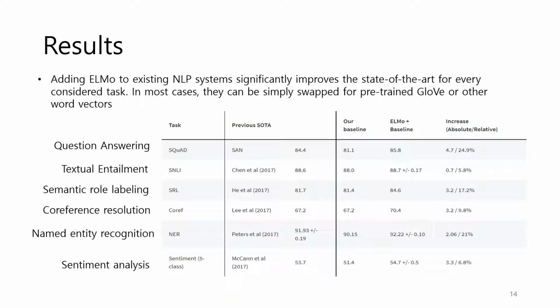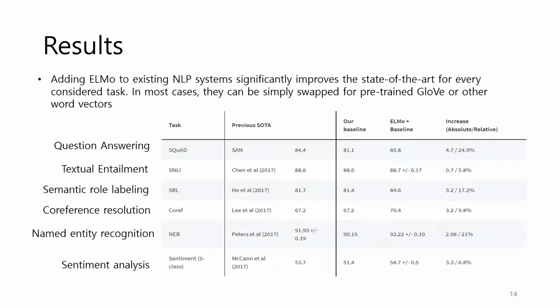First, textual entailment is the task of determining whether a hypothesis is true given a premise. The Stanford Natural Language Inference corpus provides approximately 550,000 hypothesis and premise pairs.